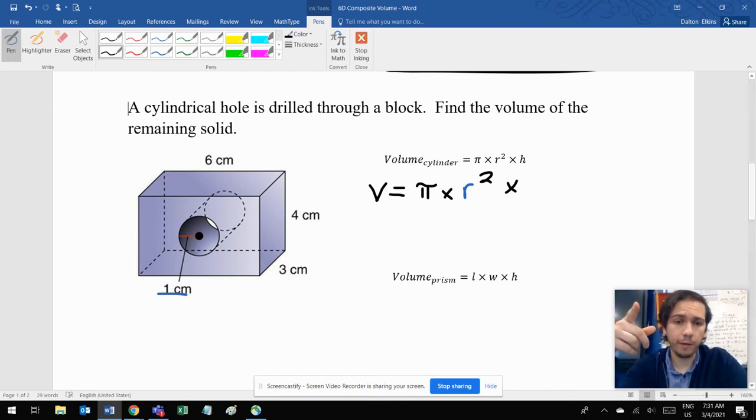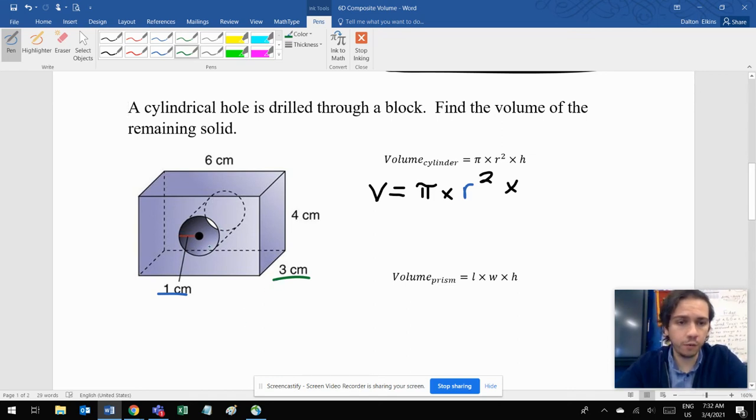Well, you do have to think about this a little bit. It goes through the entire part of the prism, right? The cylinder goes all the way through from this side to this side. If you could three-dimensionally view this in your mind, it starts here and then goes all the way to the end. So the actual height of this shape is the same as the width of the prism.